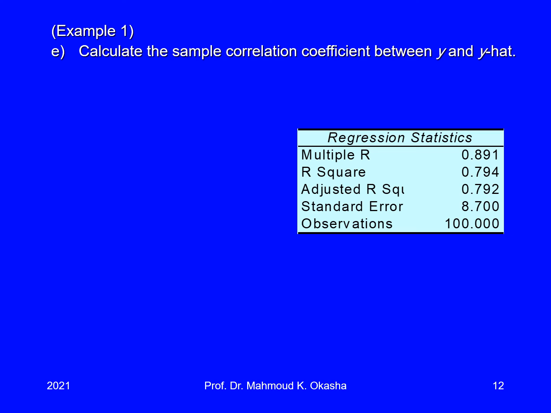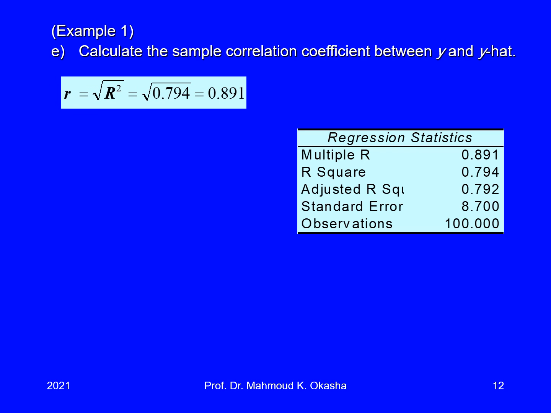In the example using the Excel sheet, we calculate the sample correlation coefficient between X and Y. If we have R squared, we calculated it manually, and we can calculate R manually because it is the square root of R squared.